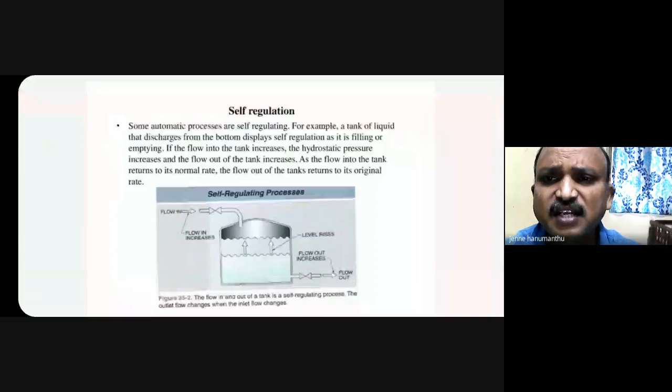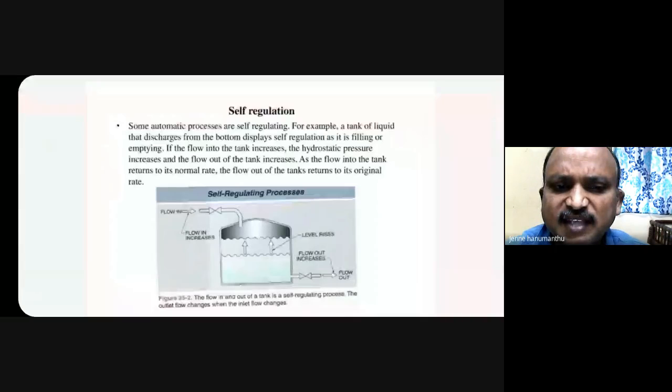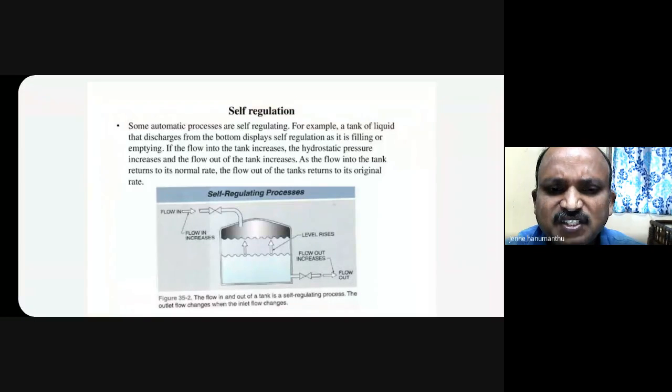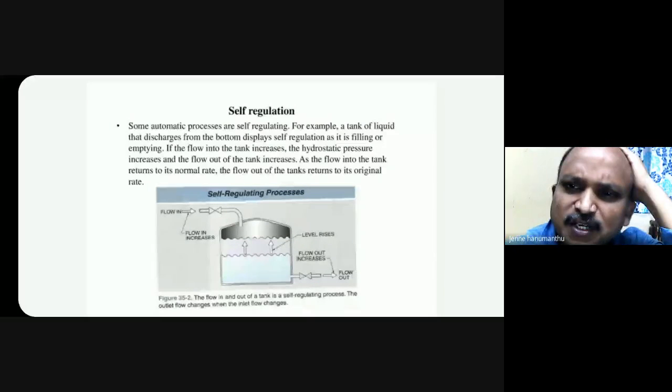See, self regulation can be understood by considering one example. You take a water tank having inlet and outlet. When the water is inlet of some fluoride and water is outlet with some other fluoride, what happens?